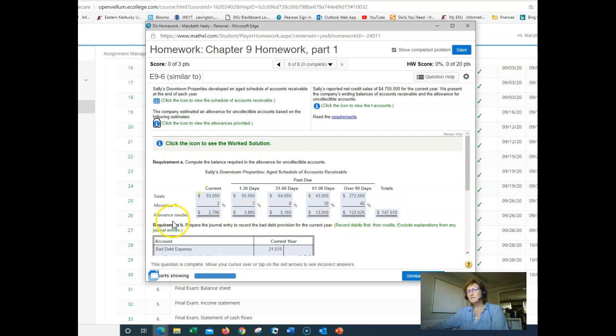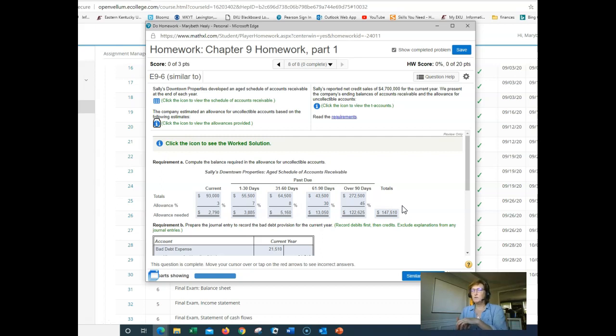The allowance: looking at all these accounts receivable, we think it's most likely that 147,510 is what we're not going to collect. We don't know which customers. Well, we know Dapper might be one of them, but we can't write them off yet because we don't have evidence to suggest that they're not going to pay. We have a little bit, but this allowance helps us. So basically we're setting up a cushion for these customers that won't pay.